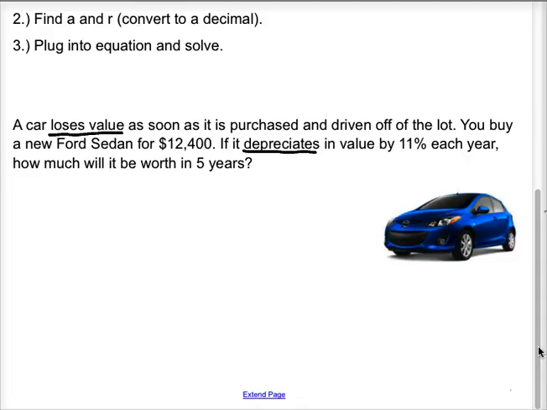That's going to communicate to me that we're talking about an exponential decay problem. So we're going to be modeling something that looks like that. This is going to be a decay situation.